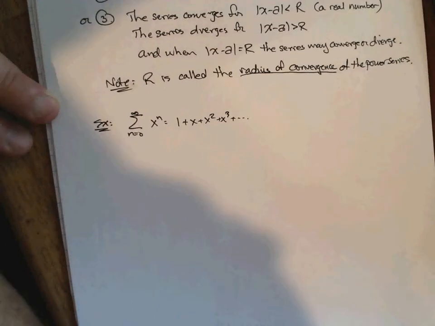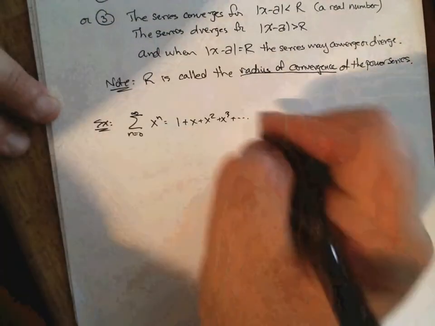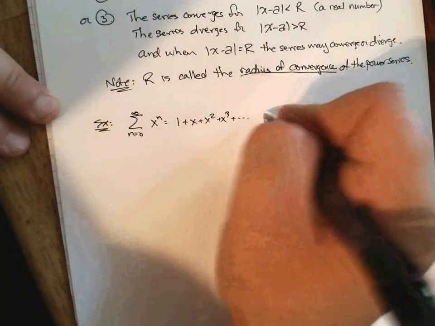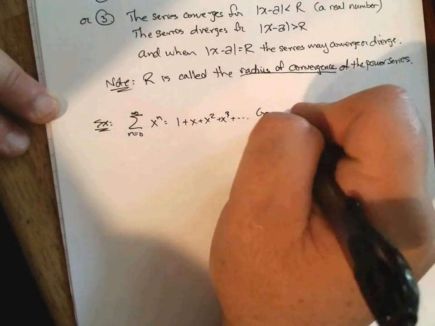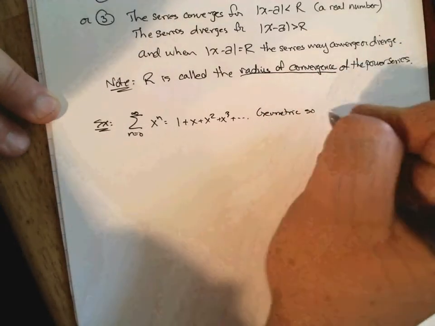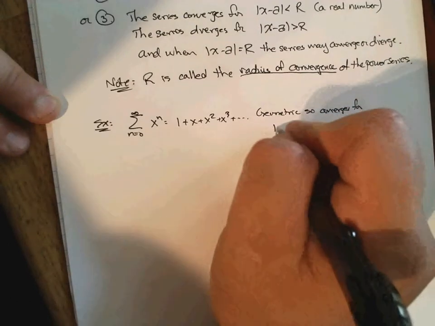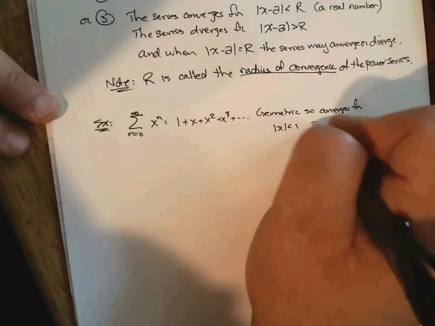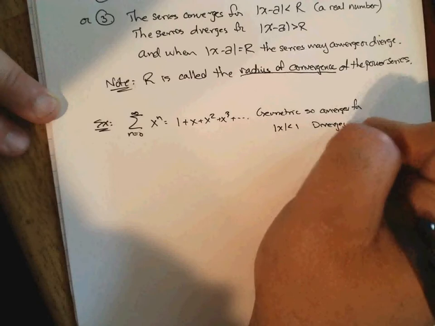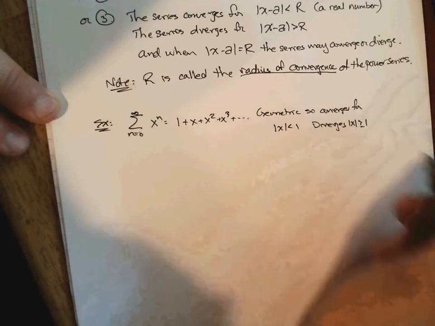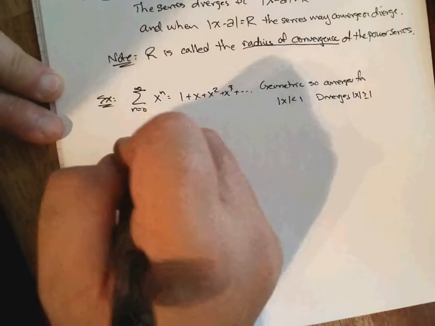And we know already, because this is geometric, so it converges for the absolute value of x less than 1, and it diverges for the absolute value of x bigger than or equal to 1.